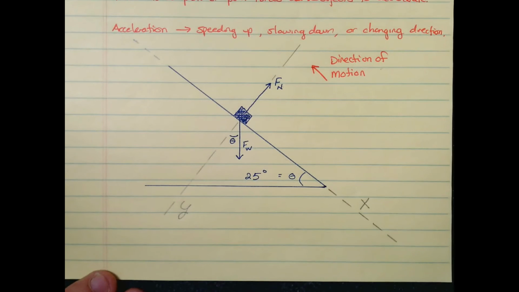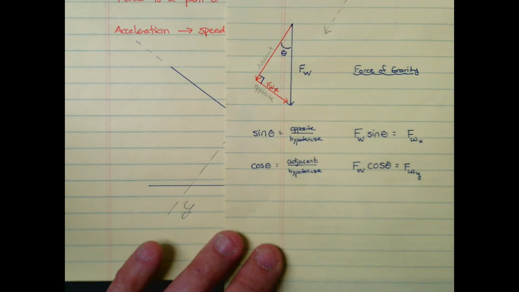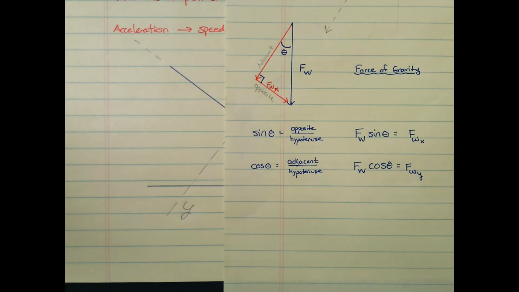So let's zoom back out here a little bit, like so. I've gone through the liberty of doing this on a separate sheet of paper, so let's just go through this briefly.